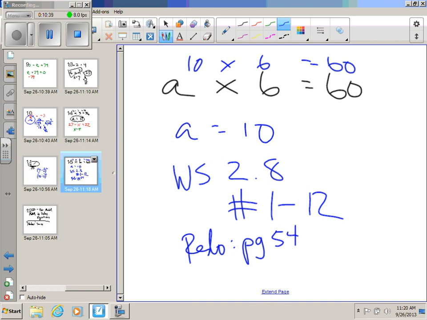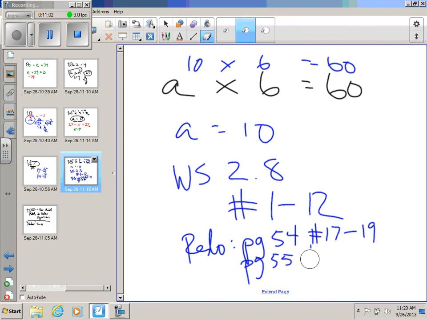Page 54, 17 through 19. And page 55, set D. Let's do numbers 8 and 9.